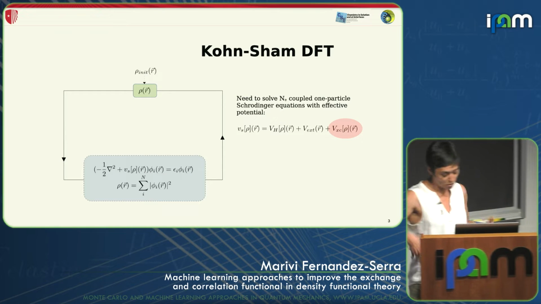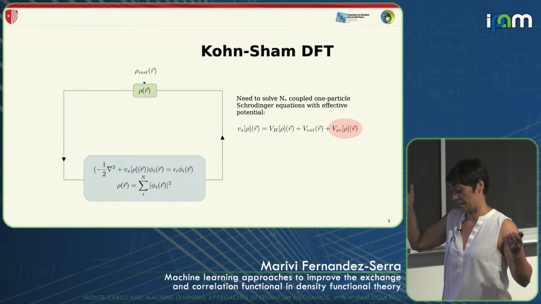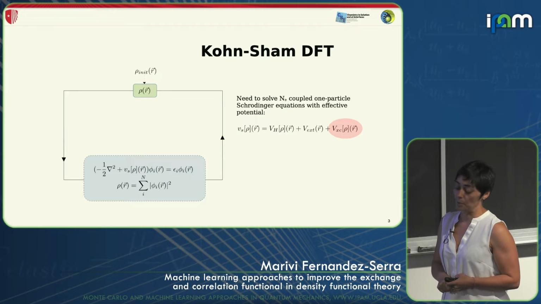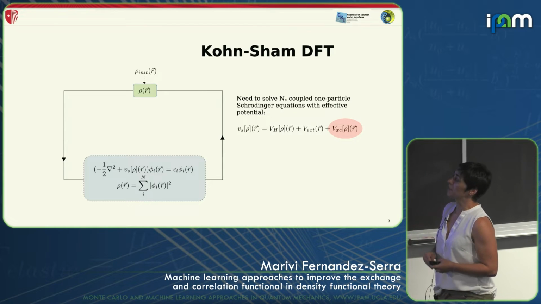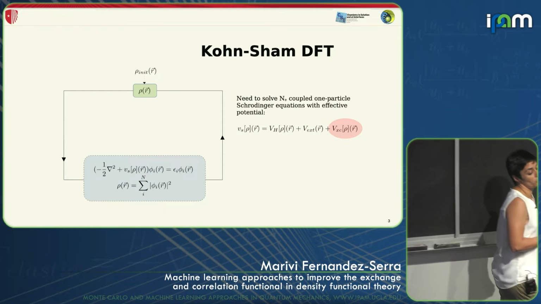And so we reduce the calculation of the correlations in the wave function to the approximation of an external exchange and correlation potential. And so what I'm basically going to be talking about is different methods to do this approximation.